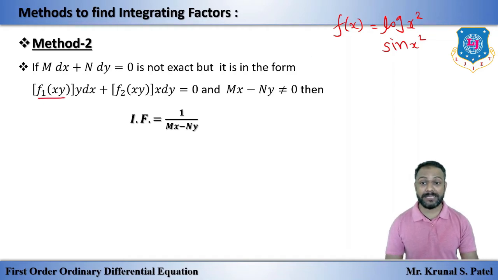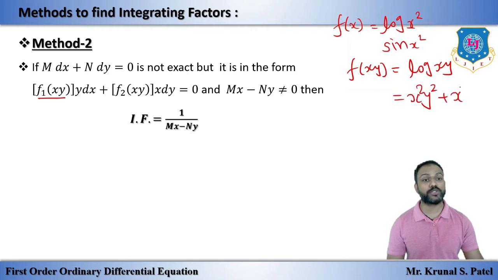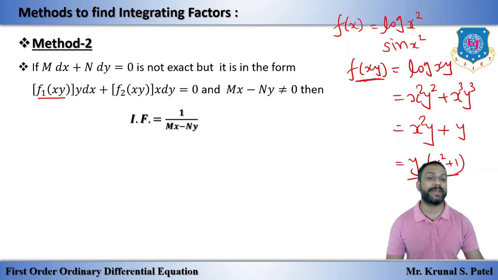But here we ask function of xy, that means you have to write xy together like this, xy, or you can write x square y square plus x cube y cube, but you cannot write x square y. But if we have x square y and y, then we can take y outside, so we have x square plus 1, even though this is not a function of xy. We need a function of xy.